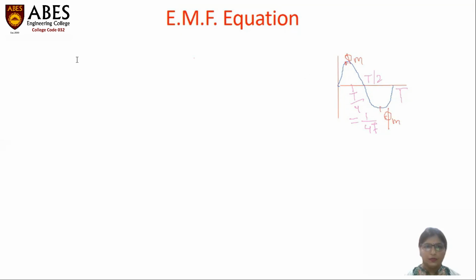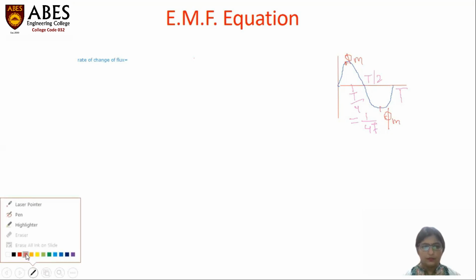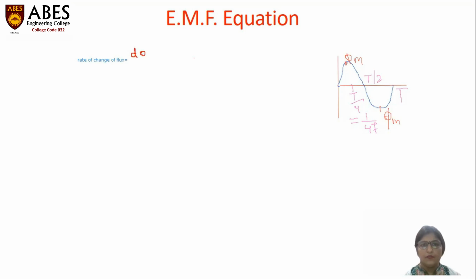So we can write the rate of change of flux is equal to d phi by dt, and this will be equal to phi m divided by 1 by 4f.